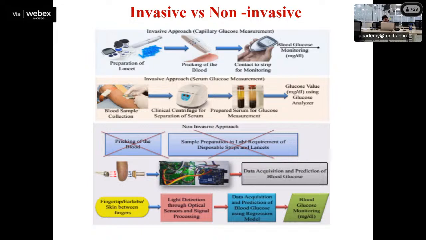We have developed a non-invasive solution where from the body surface only you can measure the body blood glucose. For that we have used the optical detection method. Optical is basically related to some sort of light, so we need to identify a particular light source which helps us measure the body blood glucose.